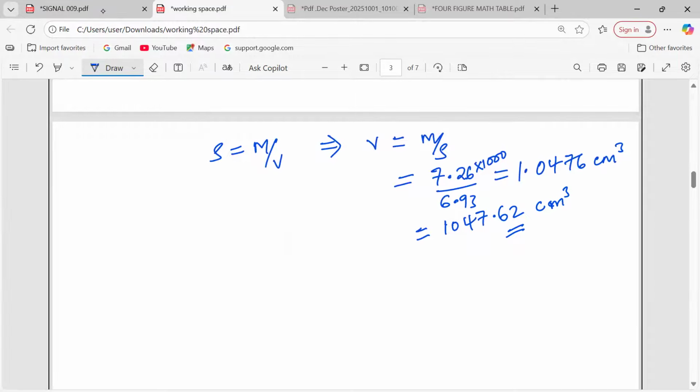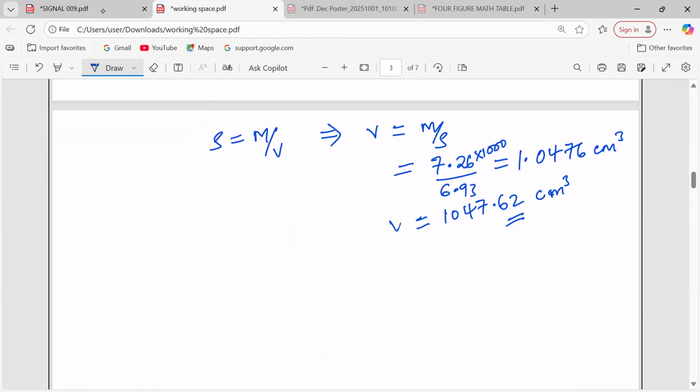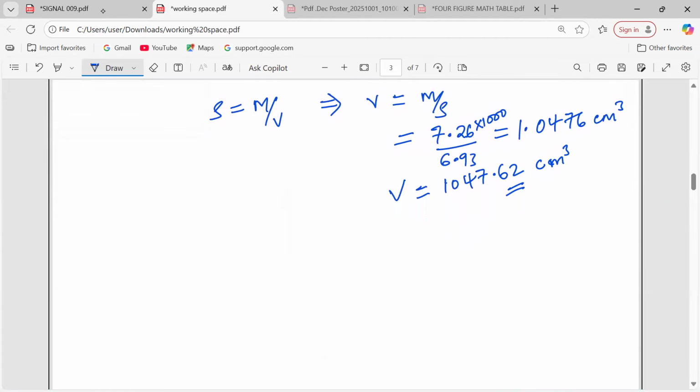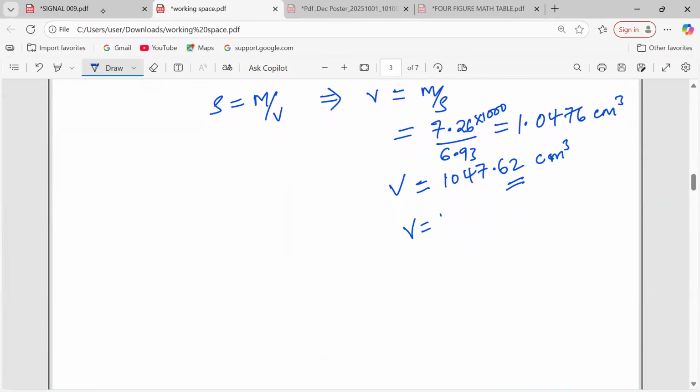So now, with the volume, we can say that the shot put is spherical. The volume of a sphere is usually given by 4/3 pi r power 3. So 1047.62 equals 4/3 multiplied by 22/7 multiplied by an unknown r power 3.